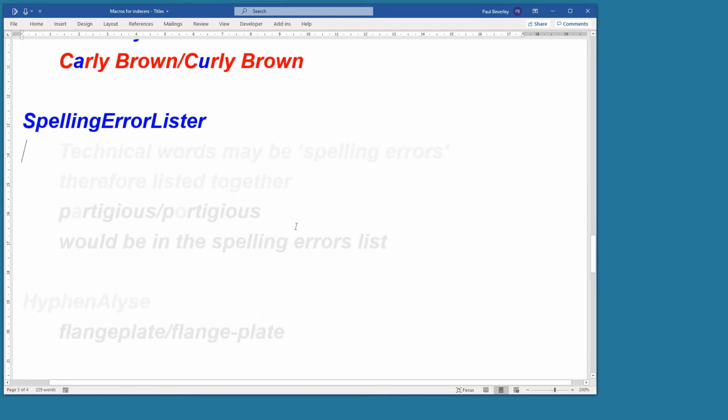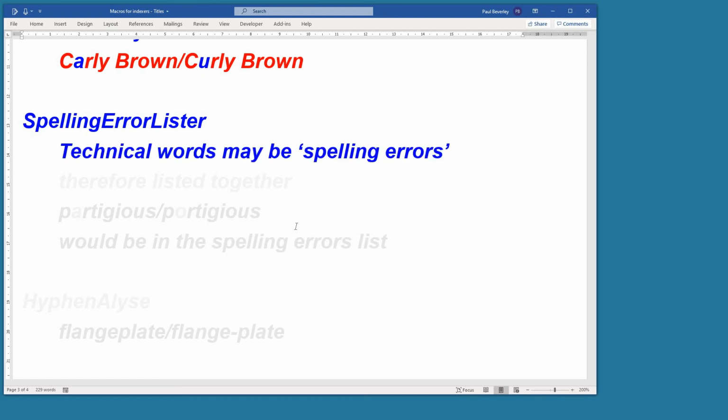Inconsistencies in spelling. Well, spelling error lister generates a complete alphabetic list of all the words that Microsoft Word thinks are spelling errors, and some of those spelling errors could be technical words, and they would therefore be listed together in this spelling error list.